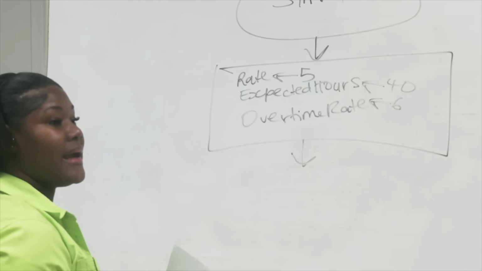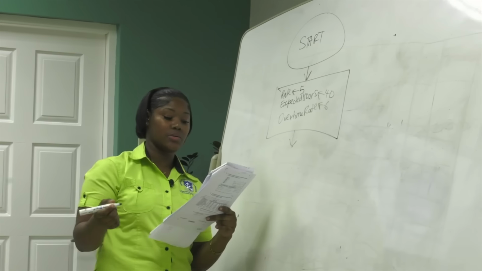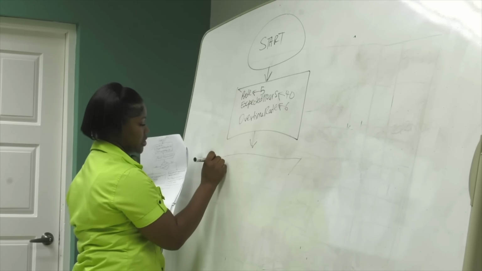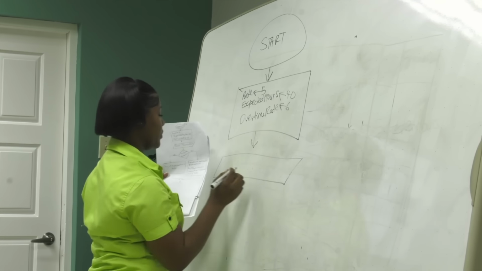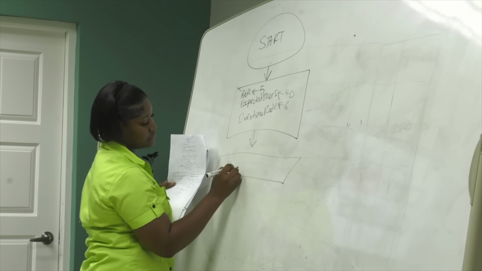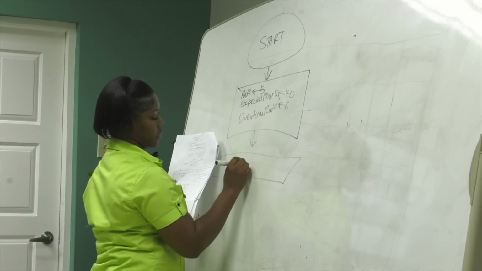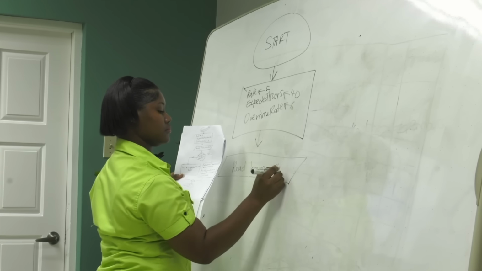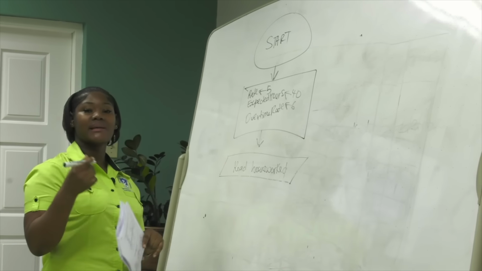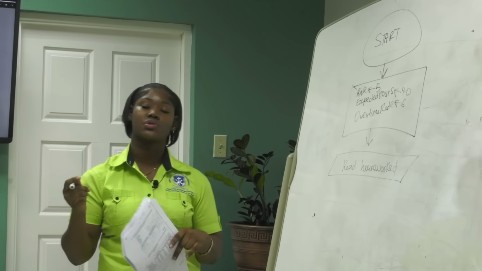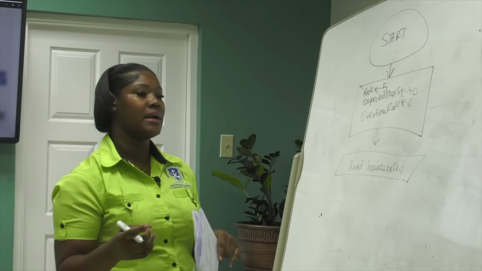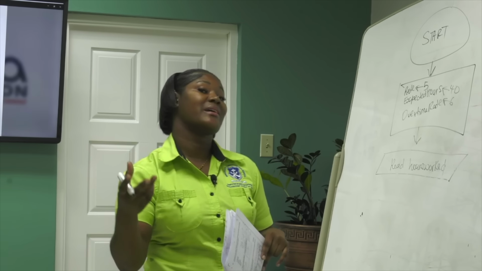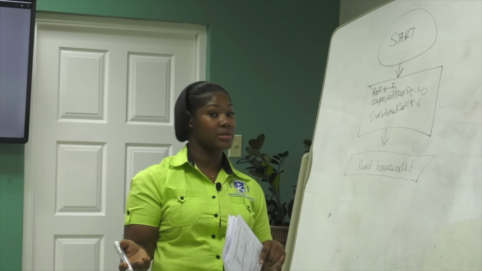The next step that they have in the pseudocode was to read the hours worked. So we use our input-output symbol, which is this symbol that we have here. So we say read hours worked. So after we say read hours worked, just like in our pseudocode, we would need to decide whether or not the hours worked is greater than the expected hours worked, right?